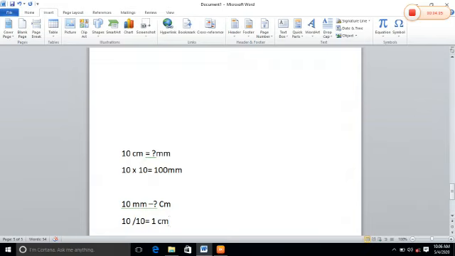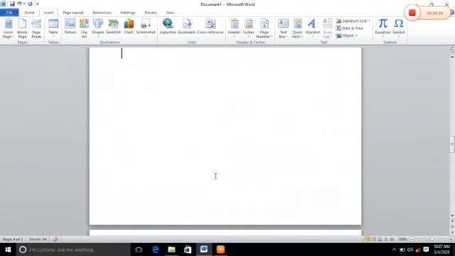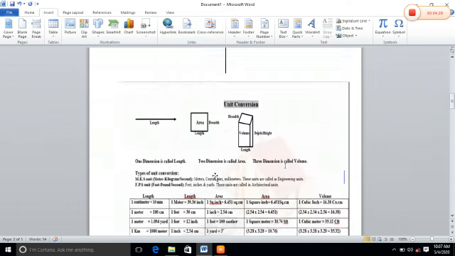Please note that whenever we go from a high unit to a lower unit, we use multiplication, and from lower units to higher units, we use division. So this was a short theory of unit conversion.